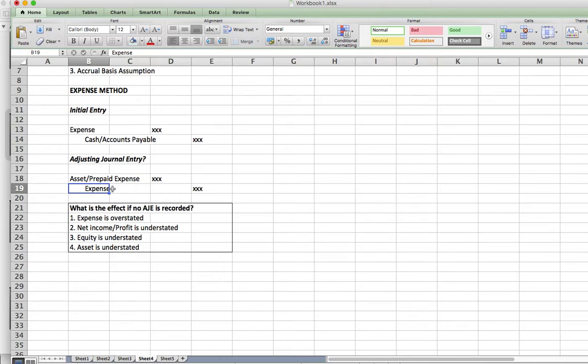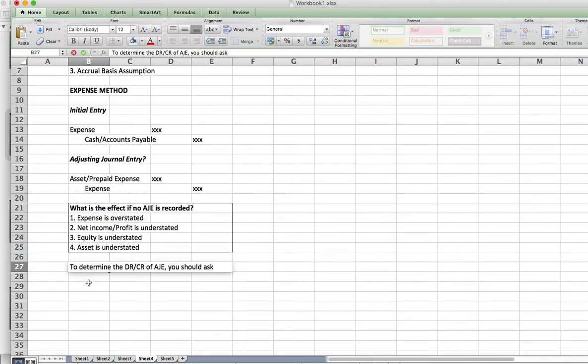Ang tip kapag expense method ang ginagamit, para malaman mo kung anong journal entry, to determine the debit side or the credit side of the adjusting journal entry, you should ask yourself these questions.